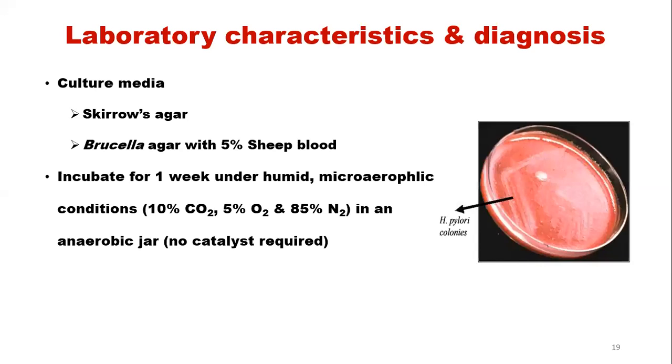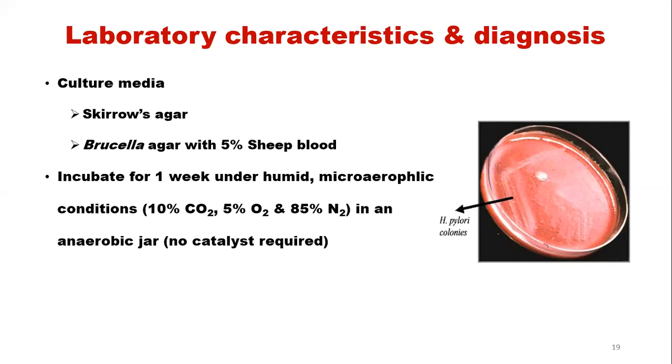When we culture, selective media that could help include Skirrow agar, Brucella agar with 5% sheep blood. And then we incubate for 1 week under humid microaerophilic conditions. Remember, I told you that the microaerophilic condition is a well-defined condition.